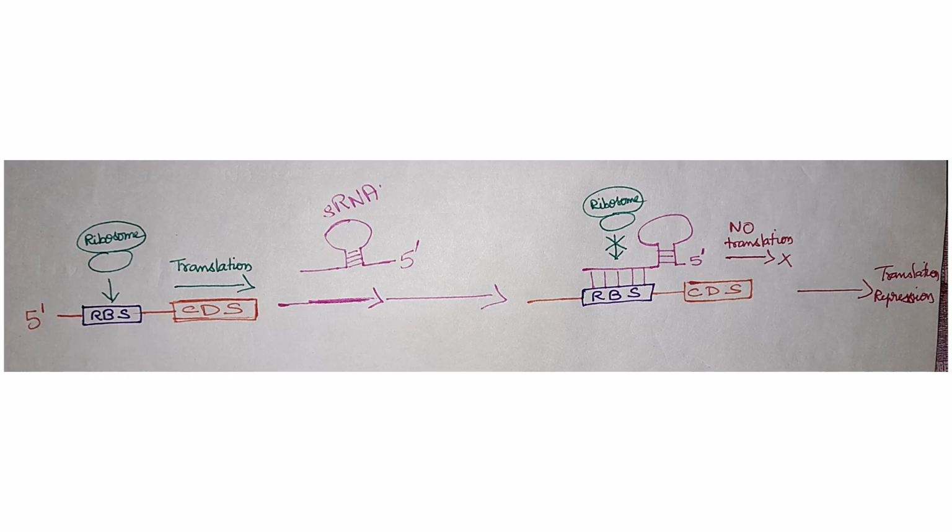Here, trans-acting means another mRNA, not the one coding the gene protein, is controlling this mRNA. That is, some other mRNA from somewhere else is coming and controlling this particular mRNA, which is required for the gene translation. That is trans-acting.